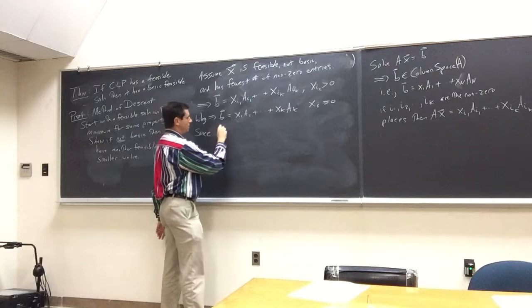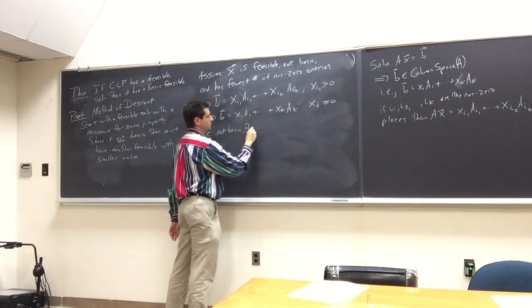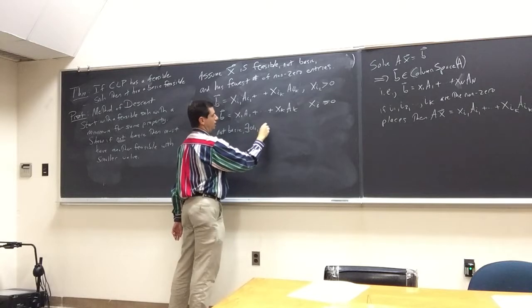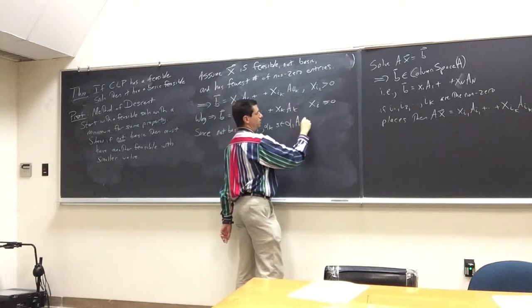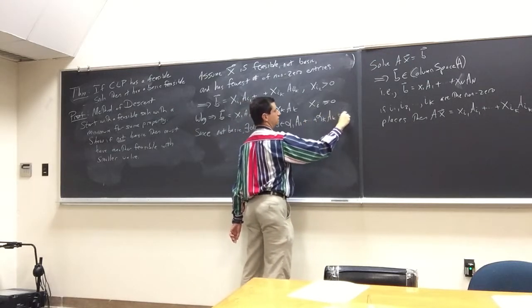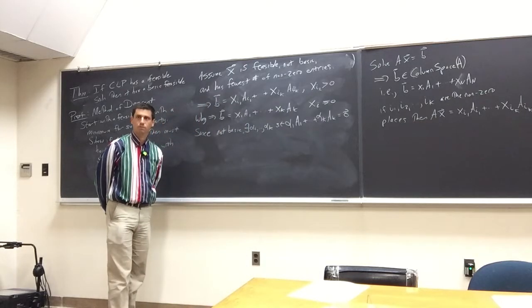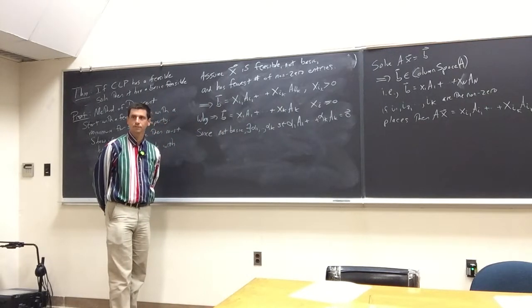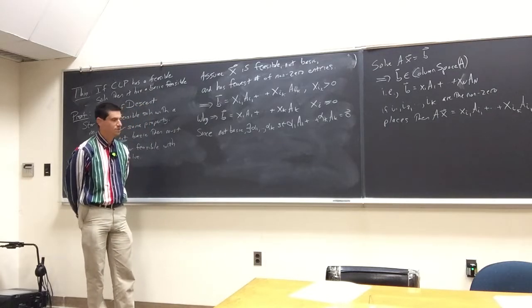Since it's not basic, there exist alpha 1 through alpha k such that alpha 1 a1 plus alpha k ak equals 0. Right? So when in doubt, go back to the definitions. If you're told something is not basic, what does that mean?